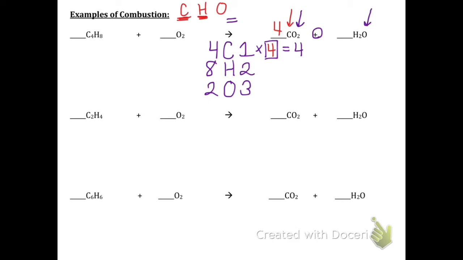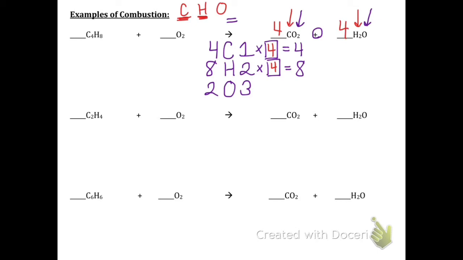Okay, now normally we would recount, but I want us to do the C's and H's and then do a recount later. So next we have an 8 and 2. 2 can be multiplied up to 8, so 2 times what gets me to 8? 4. So I'm talking about the hydrogen on the right-hand side, so I put the 4 here.